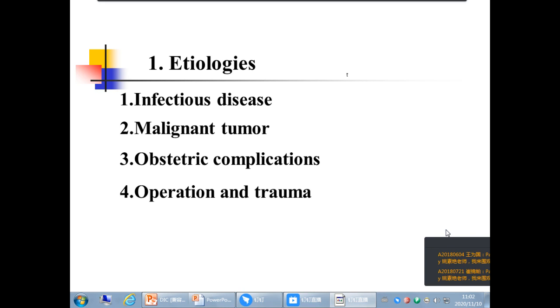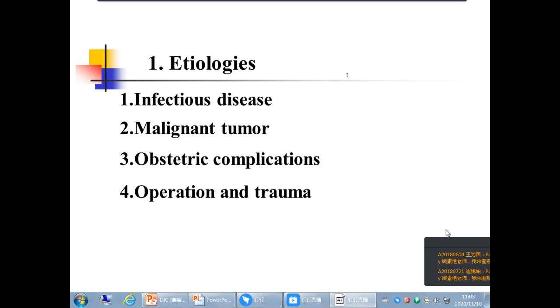Maybe blood viscosity and concentration increase, maybe the intrinsic and extrinsic coagulation pathways are stimulated, maybe VEC damage, maybe platelet aggregation.